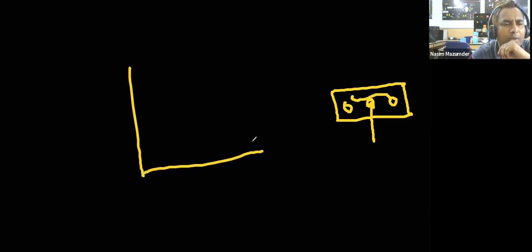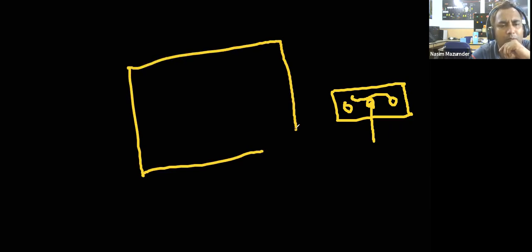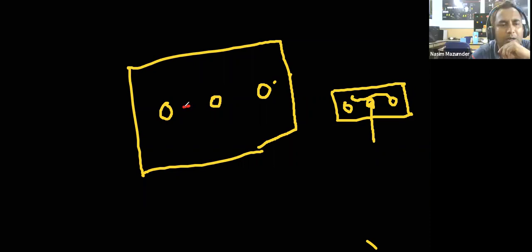Suppose air is going inside from this port, and there will be an internal channel. Let me draw a bigger one. This is a port, and this is another port. This is your power supply. Now there will be some kind of plunger like this.